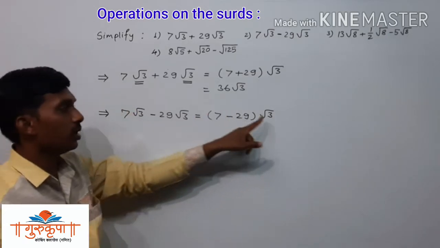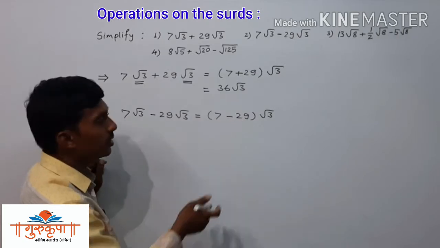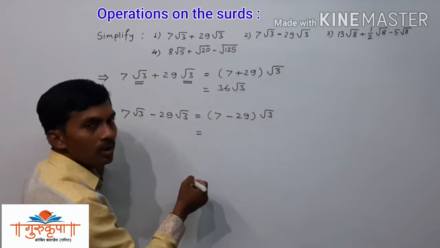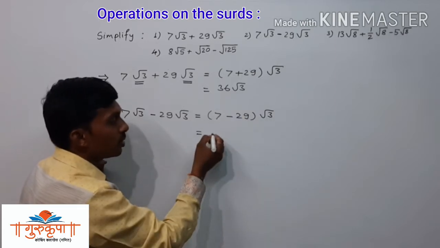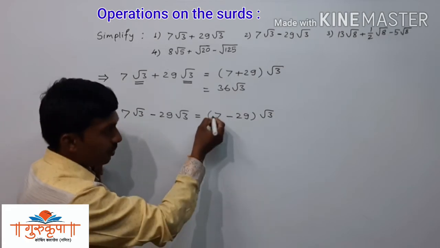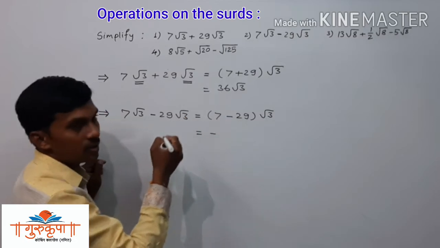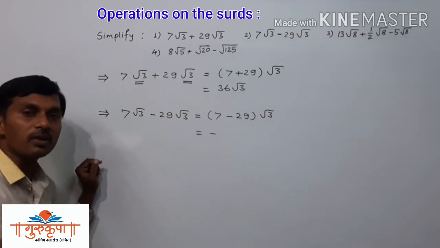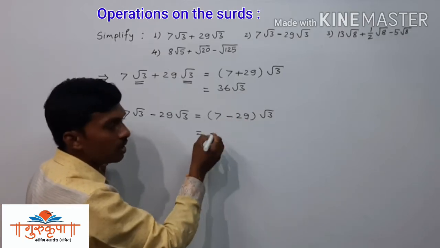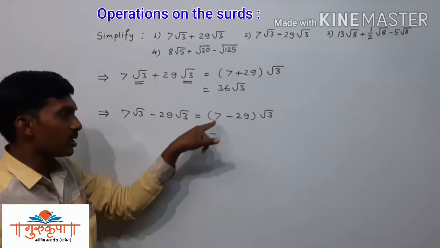Root 3 is taken common from both the terms. So inside the bracket it remains 7 minus 29. Here 7 is positive, 29 is negative. Here the bigger number is negative, so our subtraction is negative. When one number is positive and another number is negative, we have to take the subtraction, and we have to give the sign of the bigger number to the result. Here the bigger number is 29, which is negative.